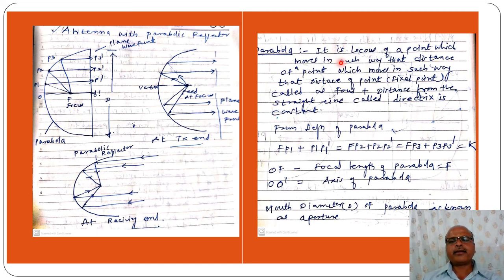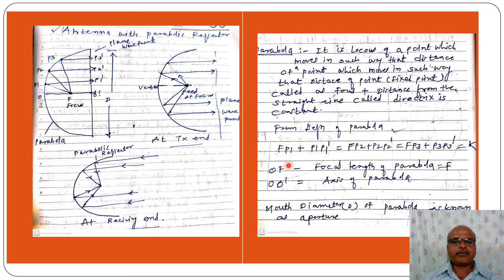So what is a paraboloid? It is a locus of a point which moves in such a way that the distance from a fixed point, called the focus, plus the distance from a straight line, called the directrix, is constant. This is the fixed point, the focus.